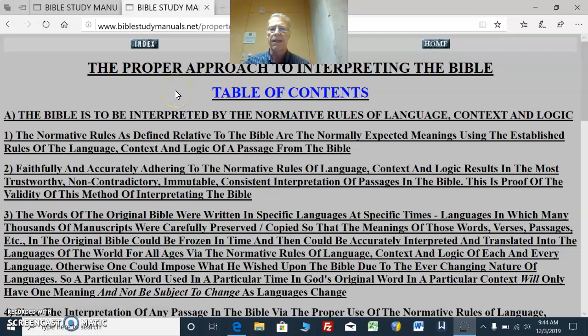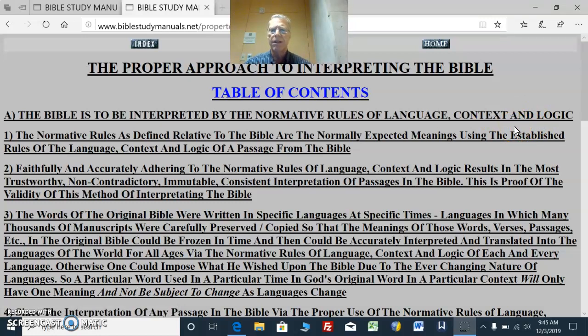This is the table of contents. We're going to click occasionally on some of these topical headings to see what kind of proofs we have for the statements made. The first statement is, the Bible is to be interpreted by the normative rules of language, context, and logic. Why? Well, it's meant for the average guy.